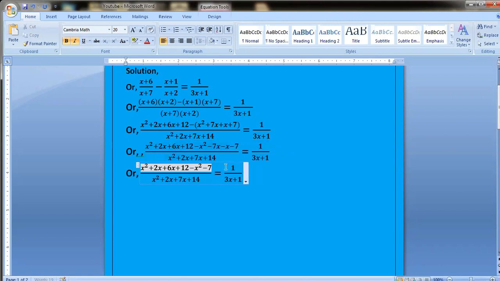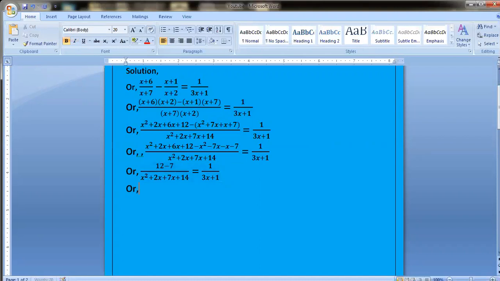Minus x minus 7x square, that 12. Yes, we need that 6x, and this x square is also gone, x square gone, 6x, and x also gone, that one minus is also gone. So okay, 12 minus 7.